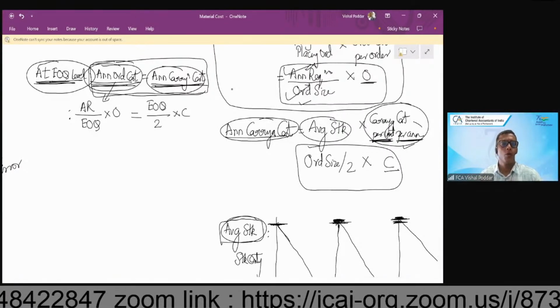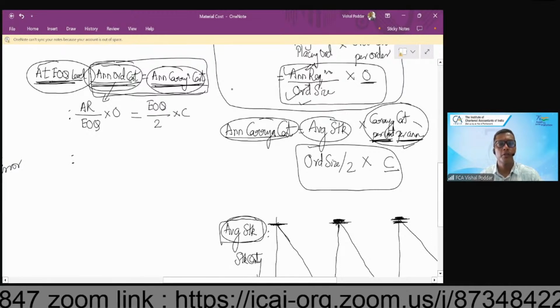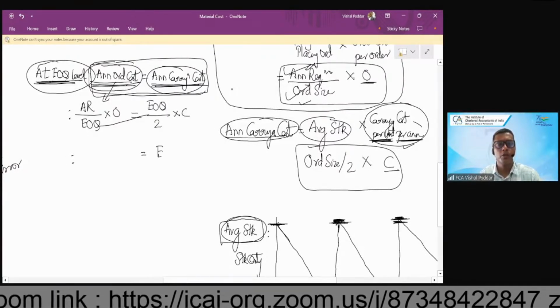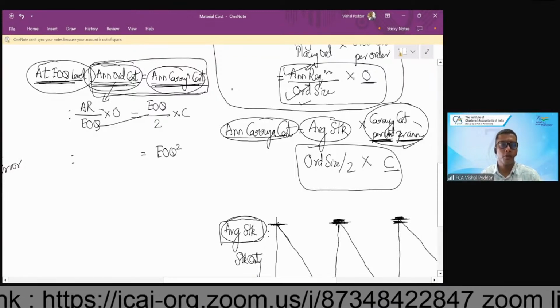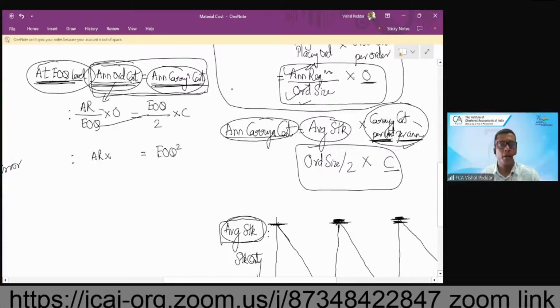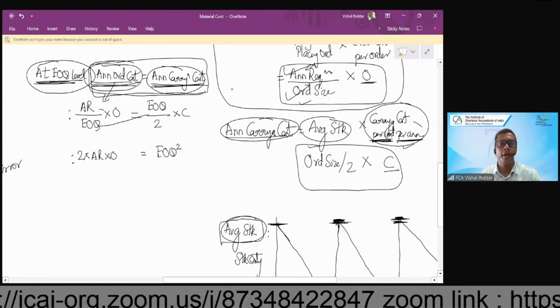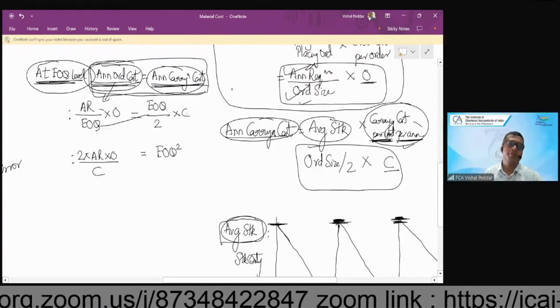And now, if this is happening at EOQ level, if I continue this further, I bring EOQ on one side. So here it becomes EOQ square. And I bring all other figures on the other side. So you already have AR into O. This 2 will come here, it will become multiplied by. This C, which is multiplied by, will come here, will become divided.